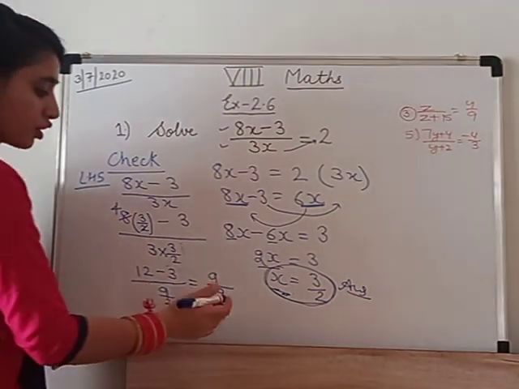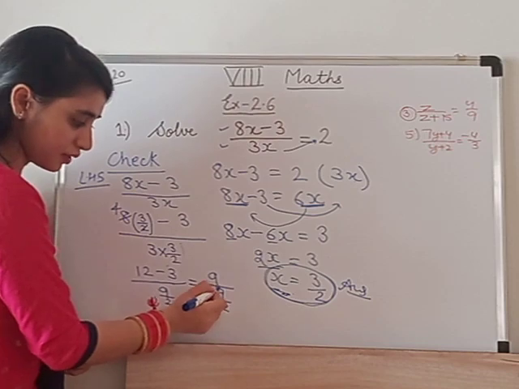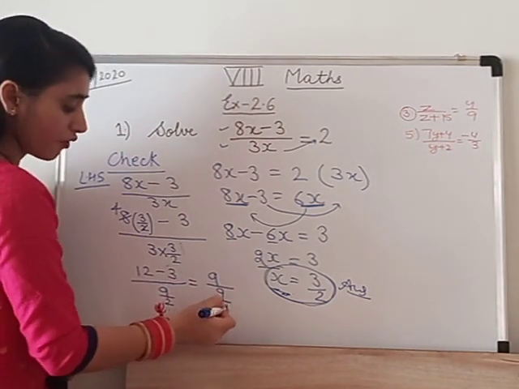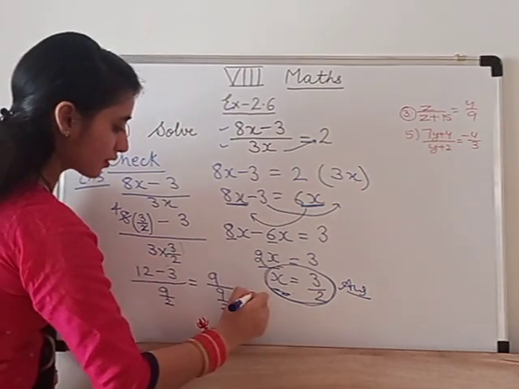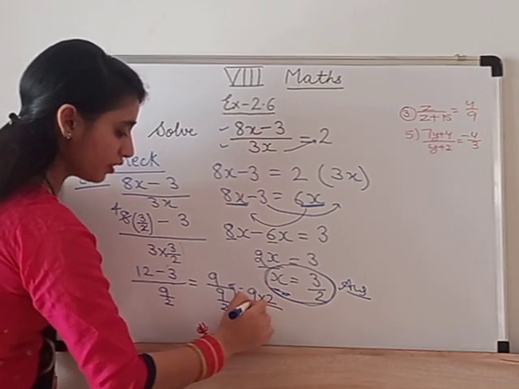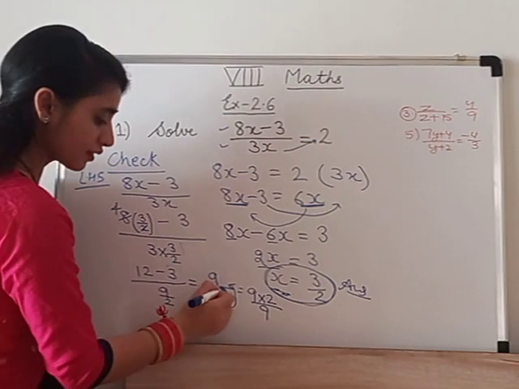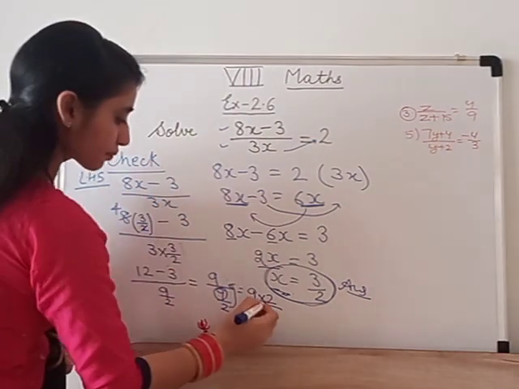Now 2 is in the denominator of 9. This number is in fraction form as a denominator. When you write it in the numerator, 2 moves to multiply with 9, and 9 stays as it is, and 2 shifts to the numerator with 9.